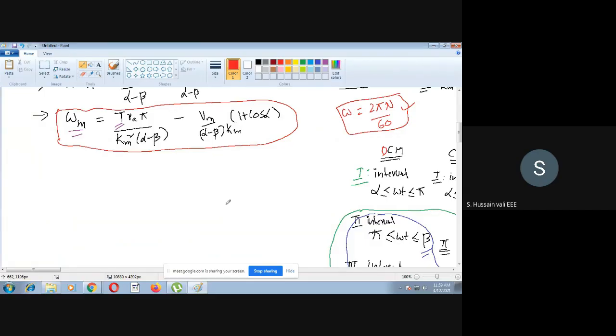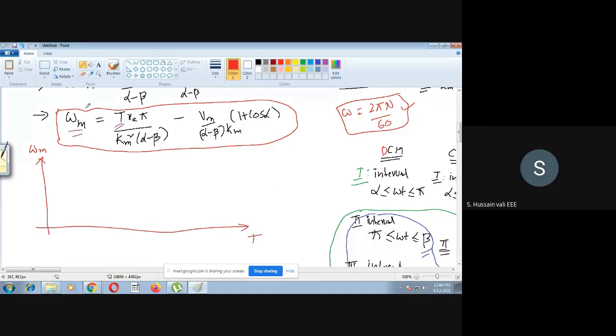Using this expression, we'll draw the graph between speed and torque. What is the expression for speed and torque for this case? Let me take speed on one side, torque on another side.